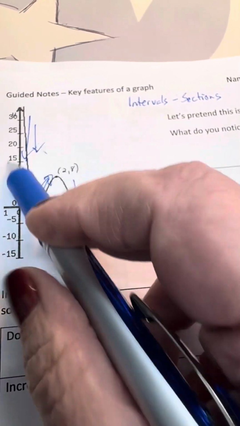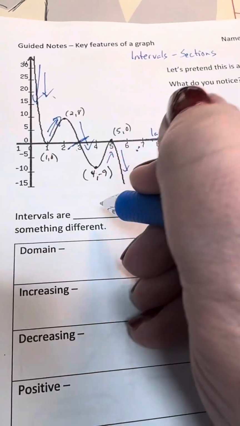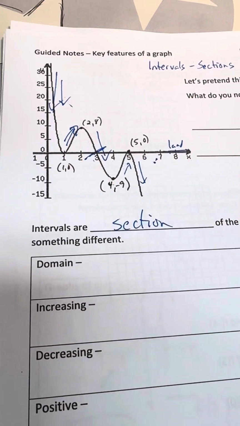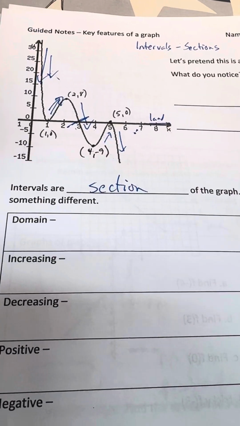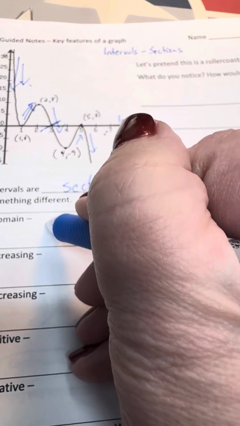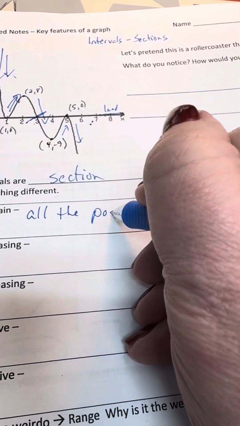Up here would be positive. But intervals are basically just sections of the graph, okay? There are 6 interval types, and they all tell us something different. So domain is all the possible x values.